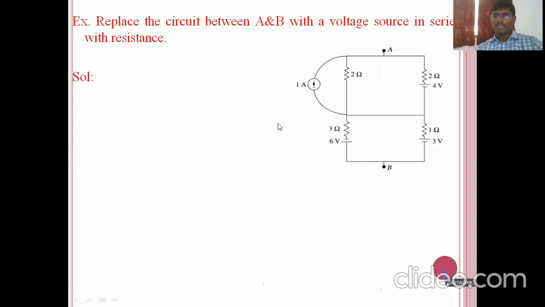Keeping this in mind, you can convert the present network to get all the voltage sources in series, or all the current sources in parallel, or a group of voltage sources in series and a group of current sources in parallel, so that we can calculate the equivalent voltage and current.